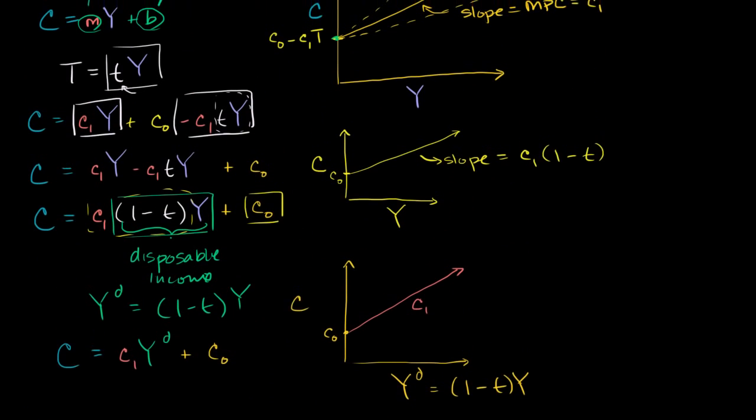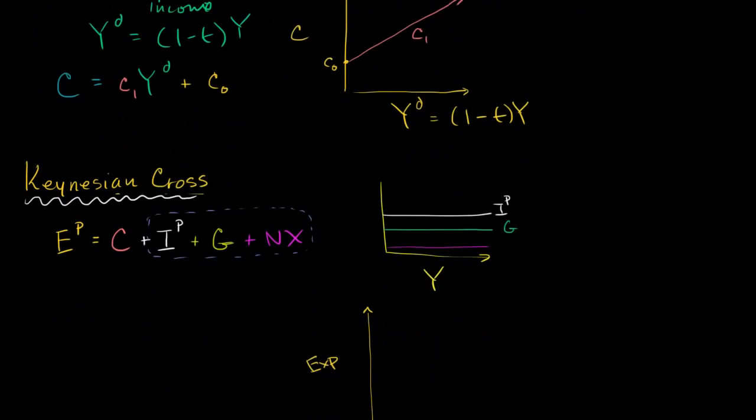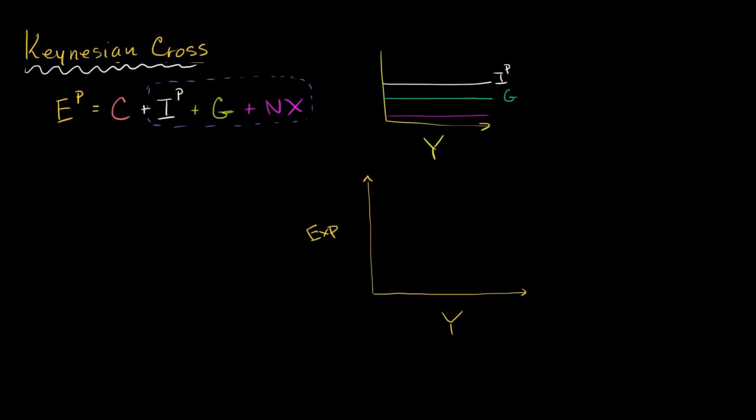What we studied in the last few videos, these were all linear consumption functions, and depending on how you write it, they all look something like this. They have a positive vertical axis intercept, and they have an upward slope that is less than 1. So consumption by itself would look something like this. This would be consumer spending as a function of aggregate income.